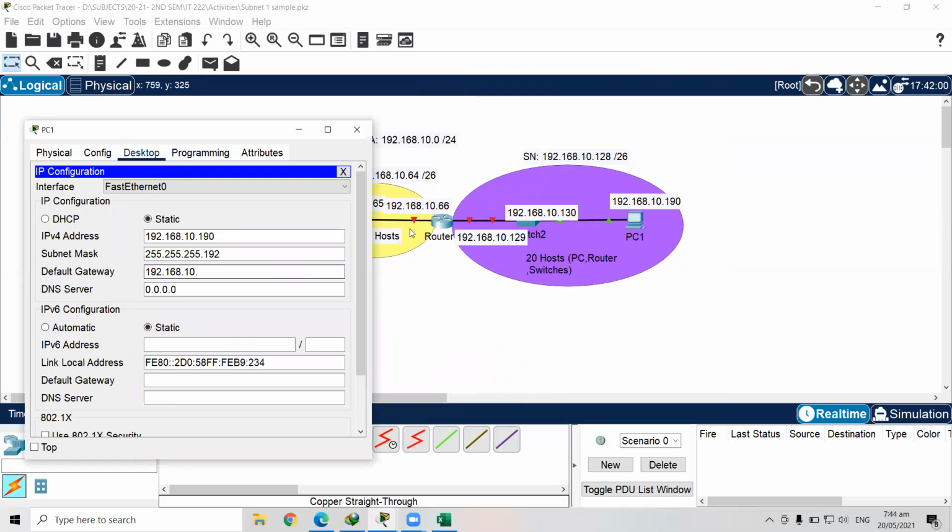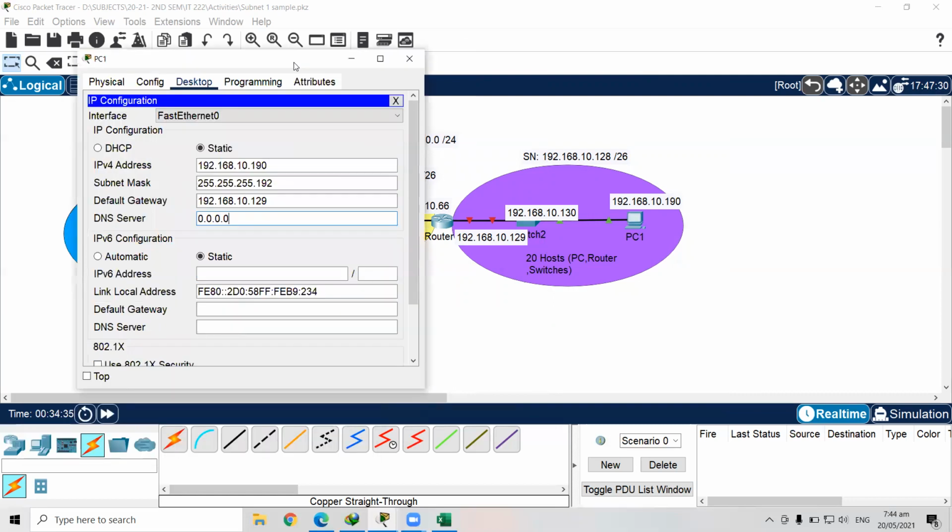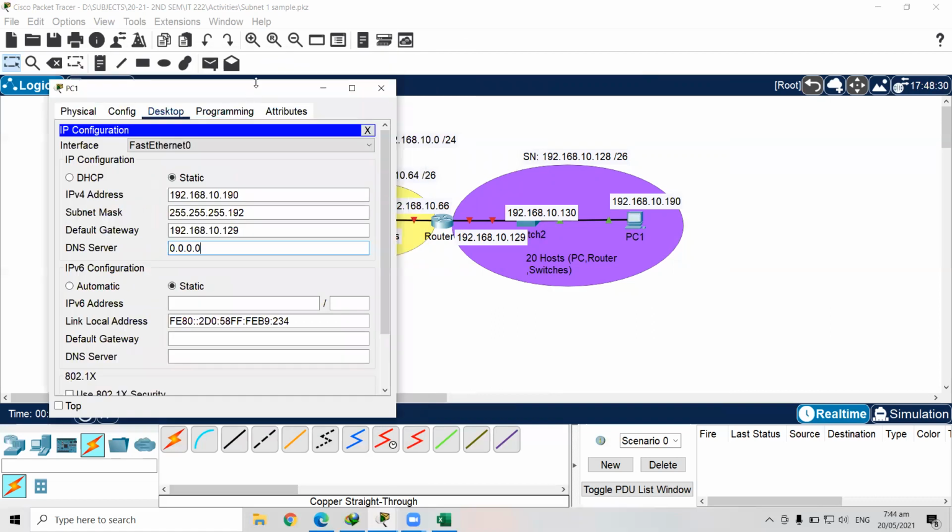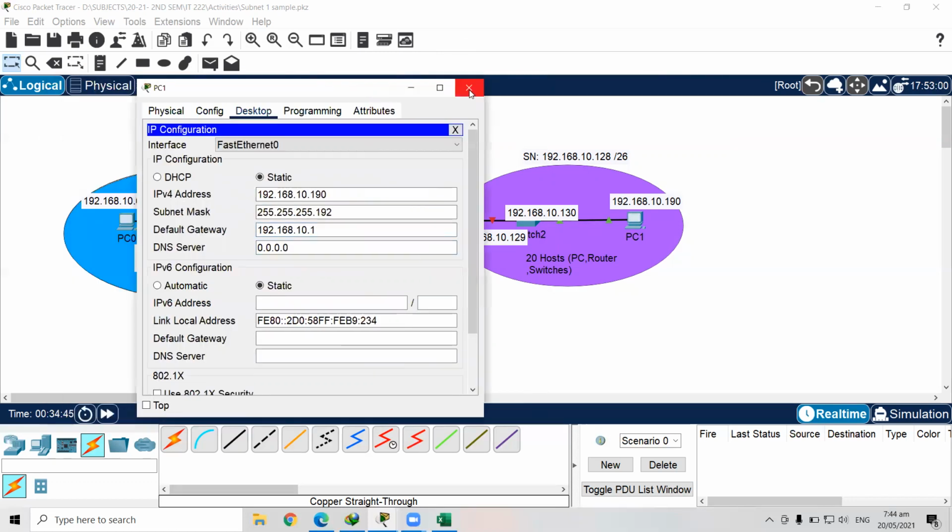Gateway niya dapat si 192.168.10. Saan ba siya na router? 129. So, 129.